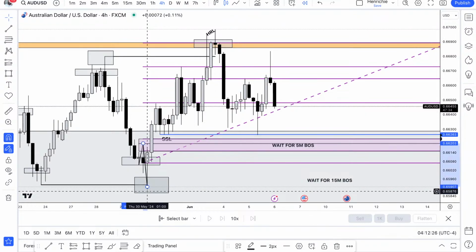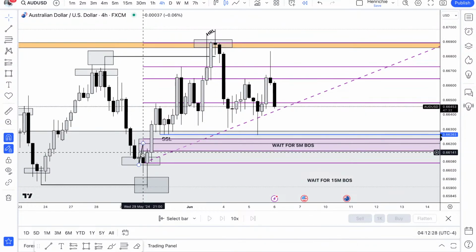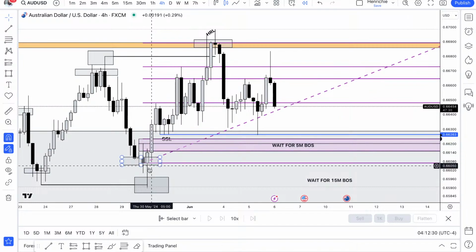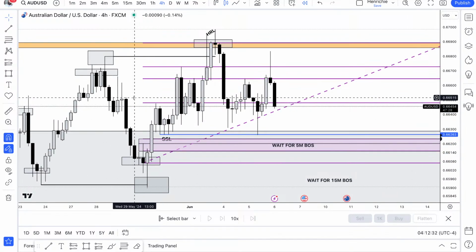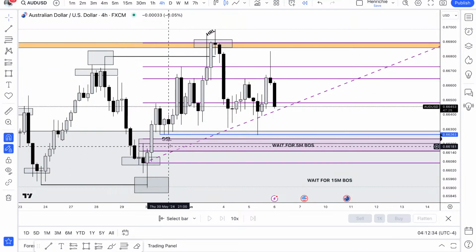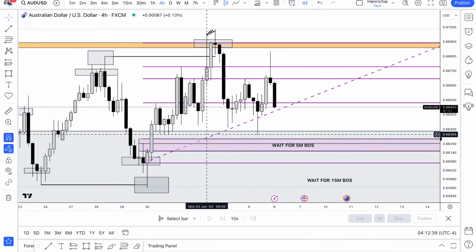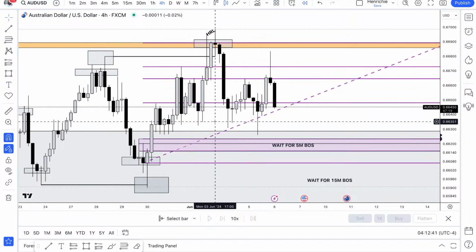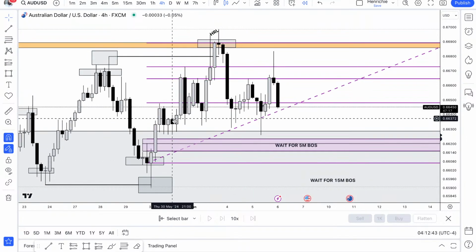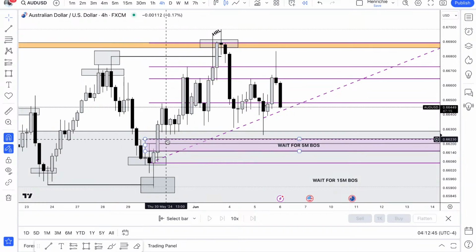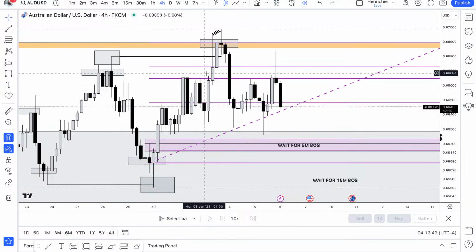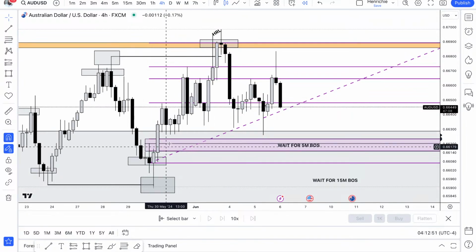I'm going to remove this as well; I understand what's resting right there. And I'll remove this one too because the sell side liquidity has also been mitigated. The only thing I need right now is to understand my extreme discount zone and extreme premium zone.